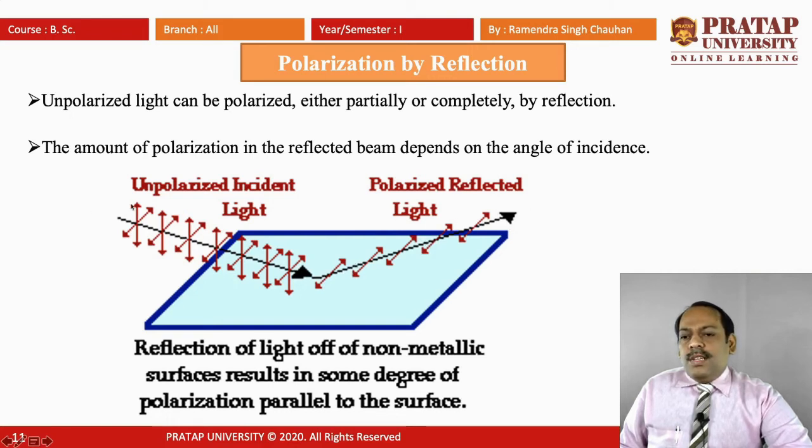So here we can see this is unpolarized incident light and this is polarized reflected light. So reflection of light off non-metallic surfaces results in some degree of polarization parallel to the surface.